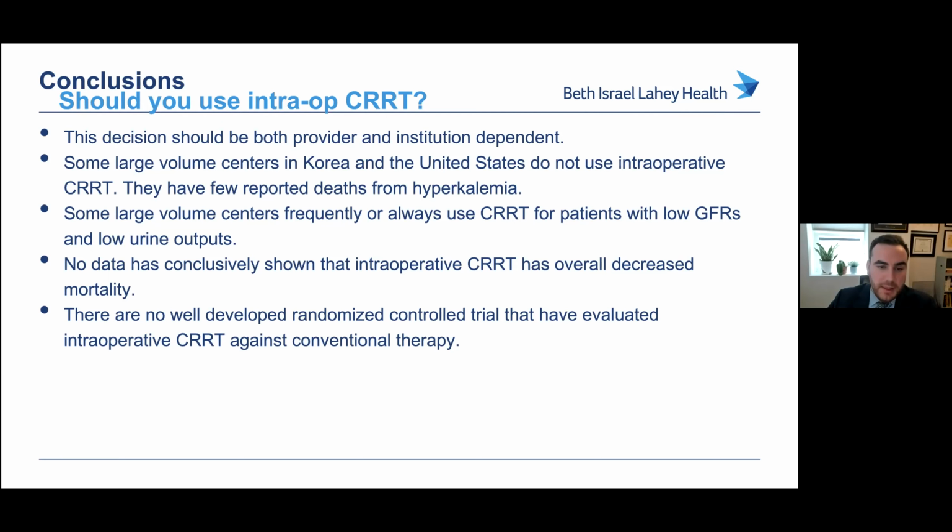Making sure that the urine output over the last 6 hours prior to going to the OR isn't just a few hundred cc's. I think 100 cc's in the last 6 hours is low, depending on the patient's body habitus. But we definitely do look at the urine output before going to the OR in patients that we're considering intraoperative CRRT for.